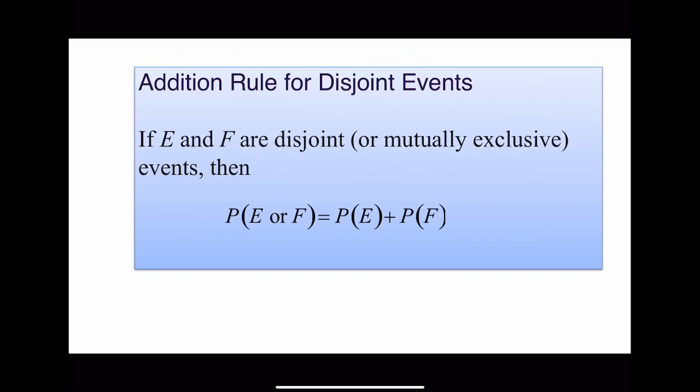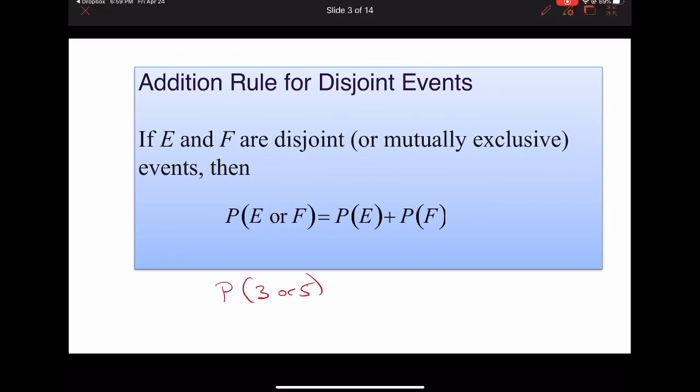So the addition rule for disjoint events is pretty simple. If E and F are disjoint or mutually exclusive, then we just add their probabilities together. So let's say I wanted to know the probability of rolling a 3 or a 5.